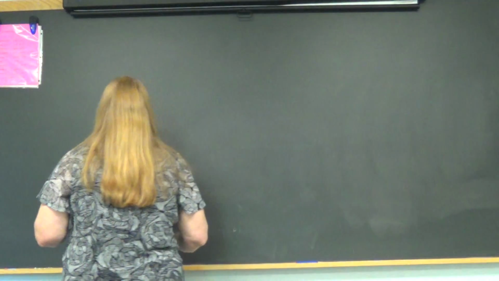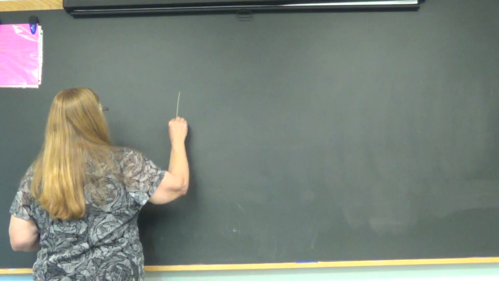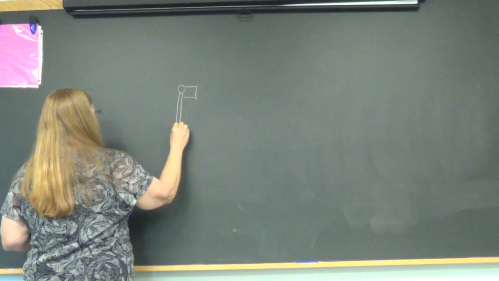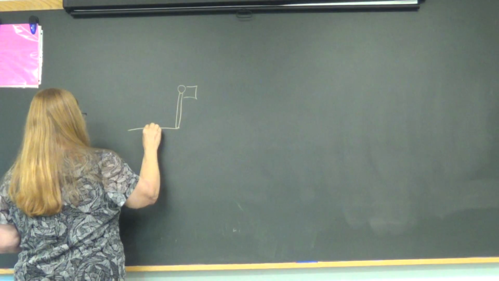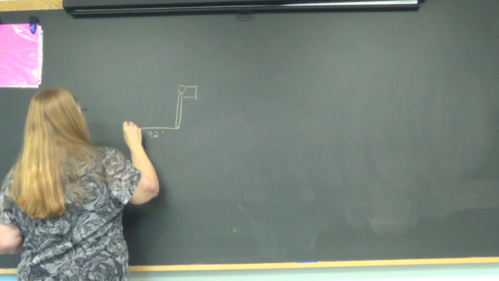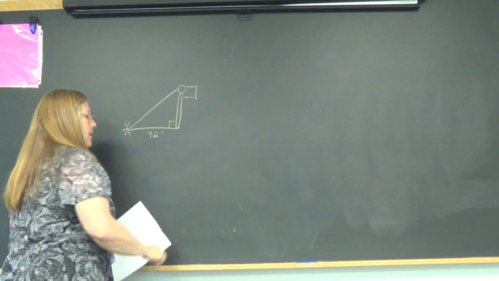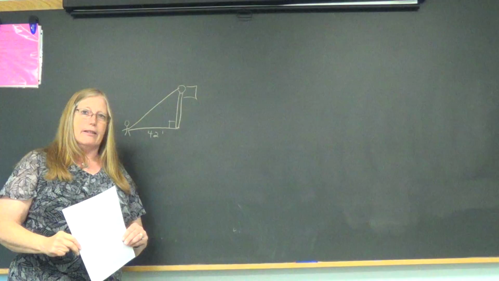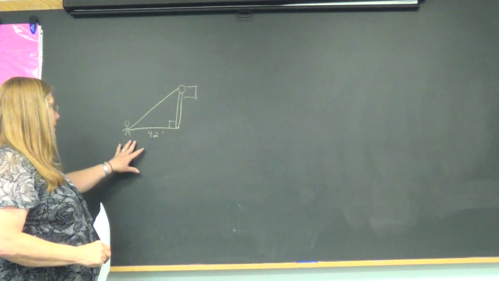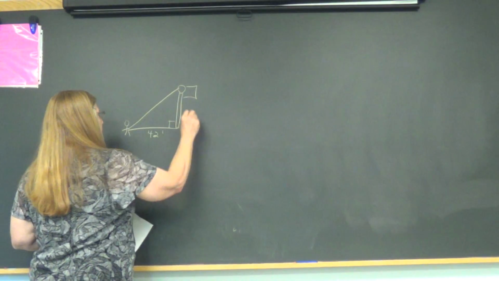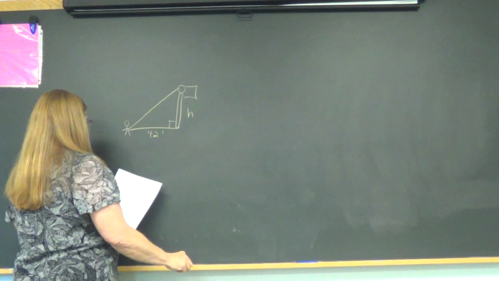Alright, back from your pause. Did you draw a flagpole? And you indicate that the base of the flagpole was 42 feet from where you stood, and that creates a right triangle. Always look for a right triangle in all of these problems that we do together. So here we have the right triangle, and we're looking for the height of the flagpole.